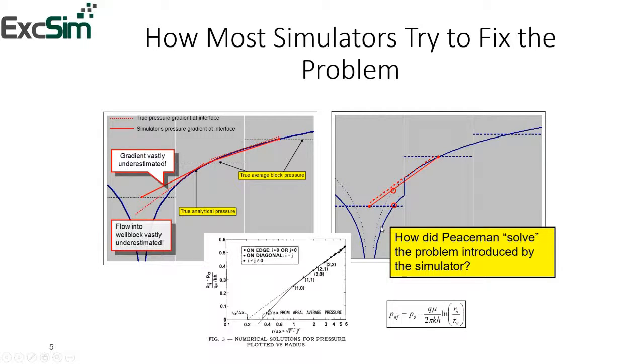He actually moved that point the correct distance to that point. And you can see here how he did it. But of course, he didn't correct the pressure in the well block. It's still far too low.